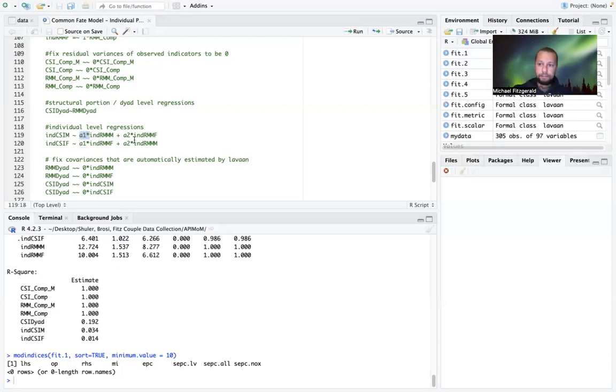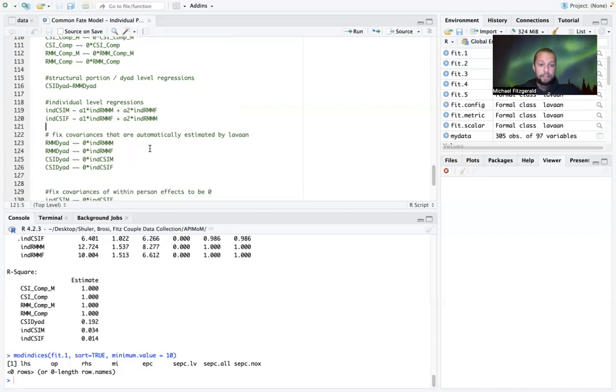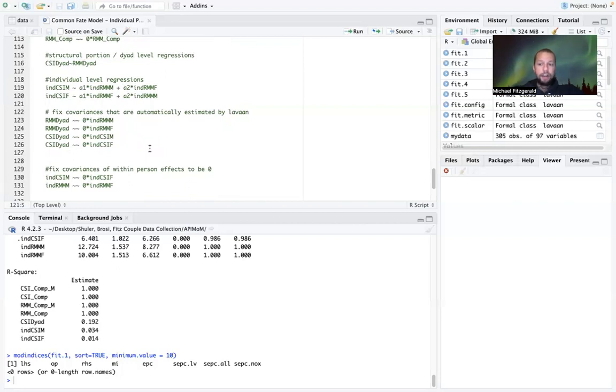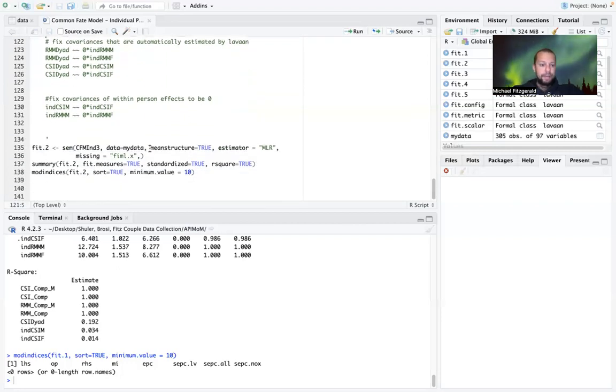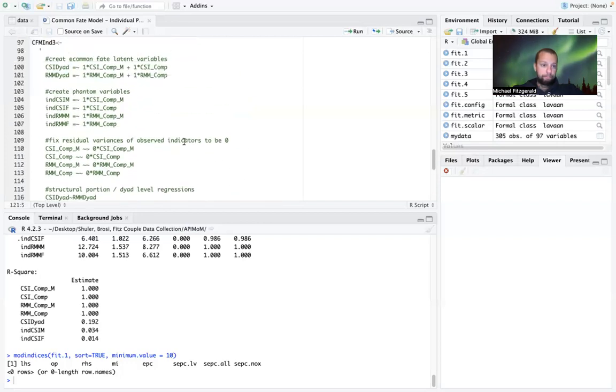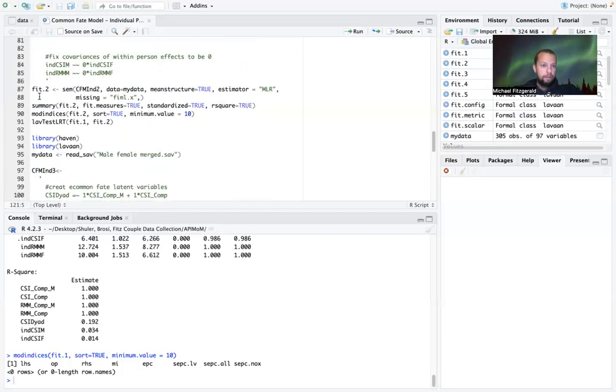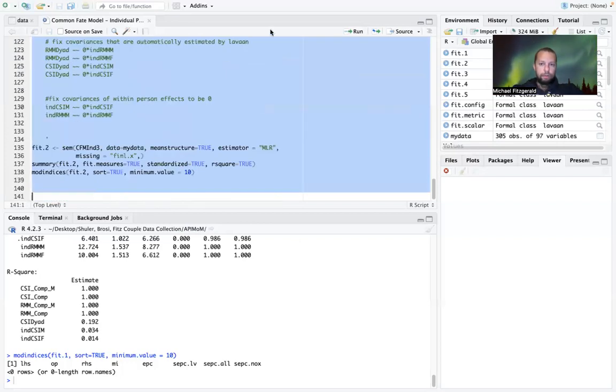We have this label that is the same for both of those within person effects. And then we have the same for the partner effects. So we are constraining those actor and partner effects to equality across dyad member. And that is essentially the only change that we are making in this model. All right, and so we can go ahead and run this one.